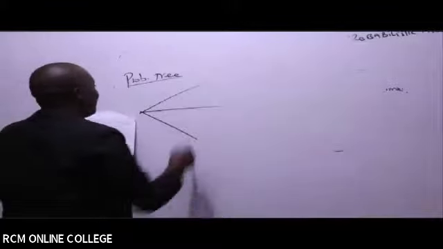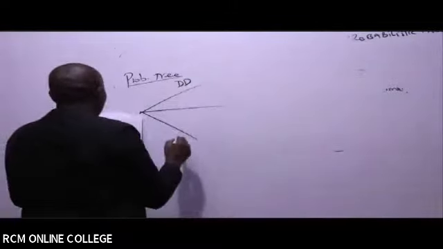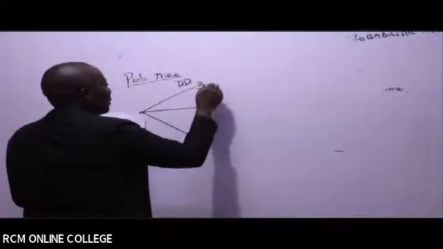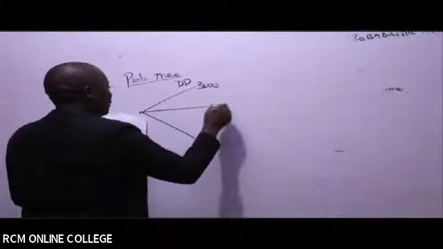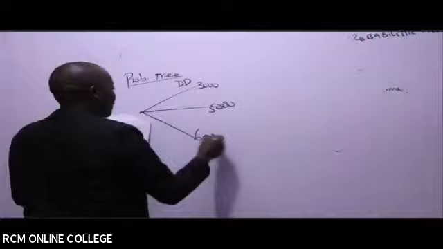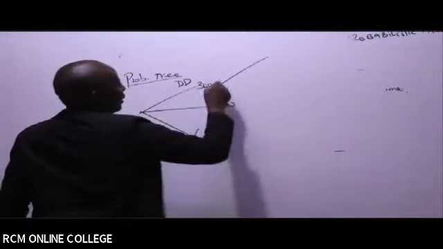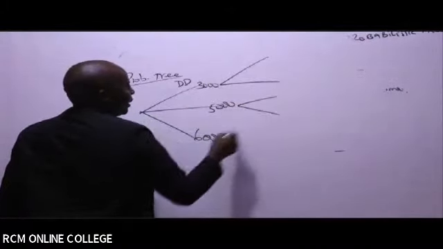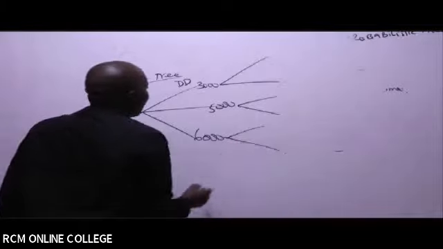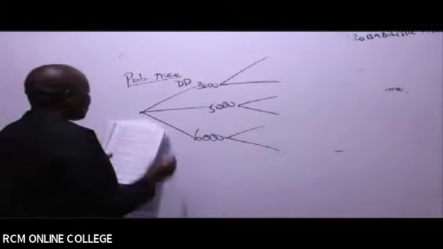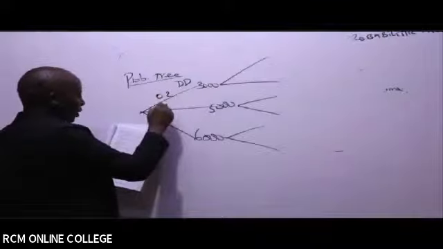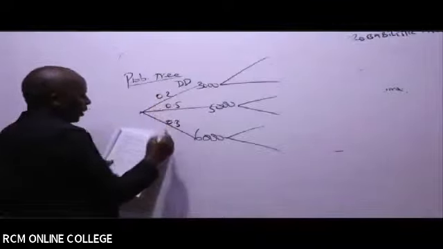So we have demand, which could either be 3,000, 5,000, or 6,000. And then we have the lead time. These demands, they have given us probabilities: 0.2, 0.5, 0.3.